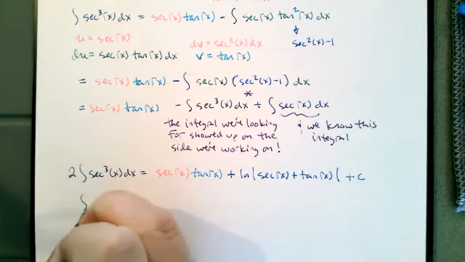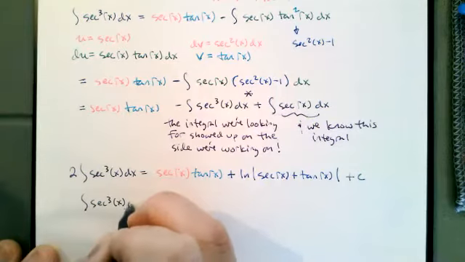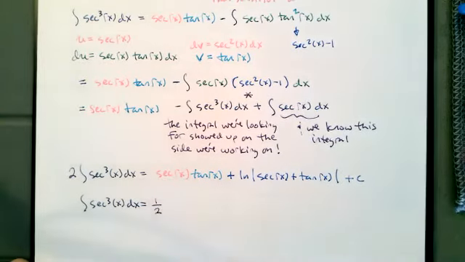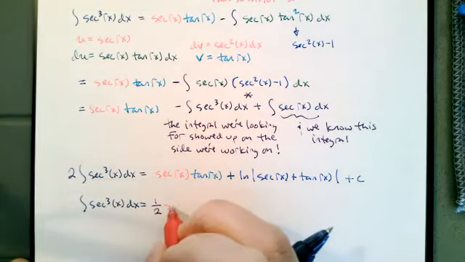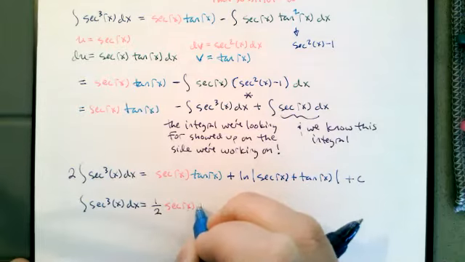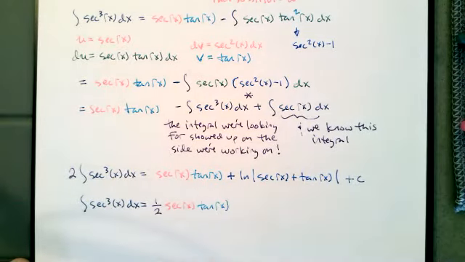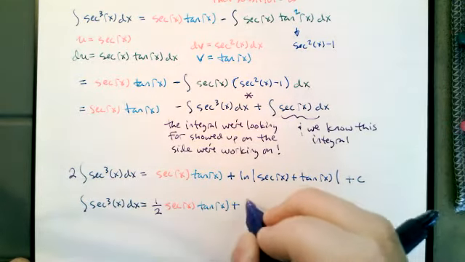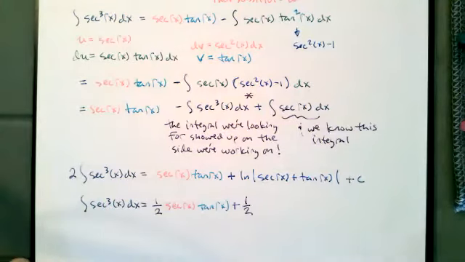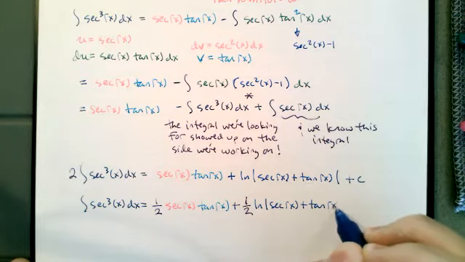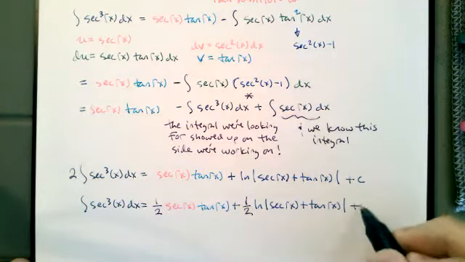So the integral of secant cubed x dx is 1/2 secant x tangent x plus 1/2 natural log of the absolute value of secant x plus tangent x, plus c.